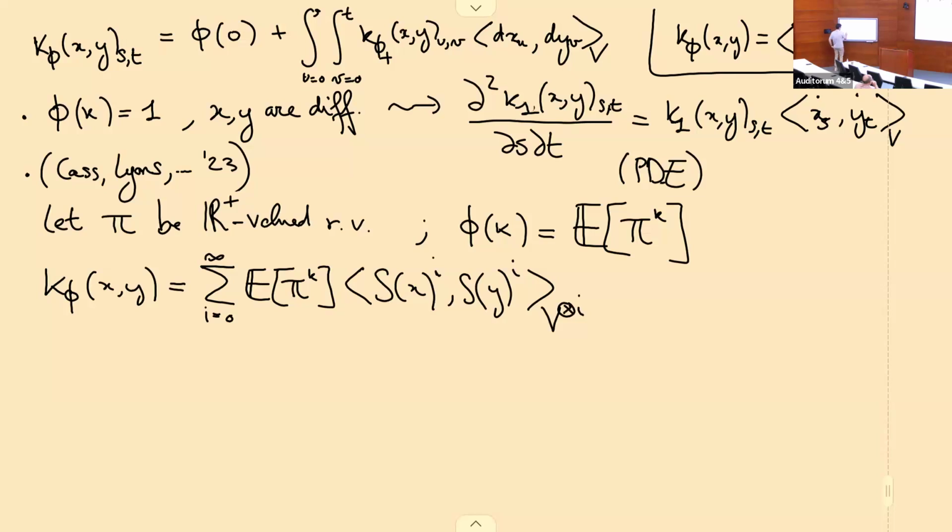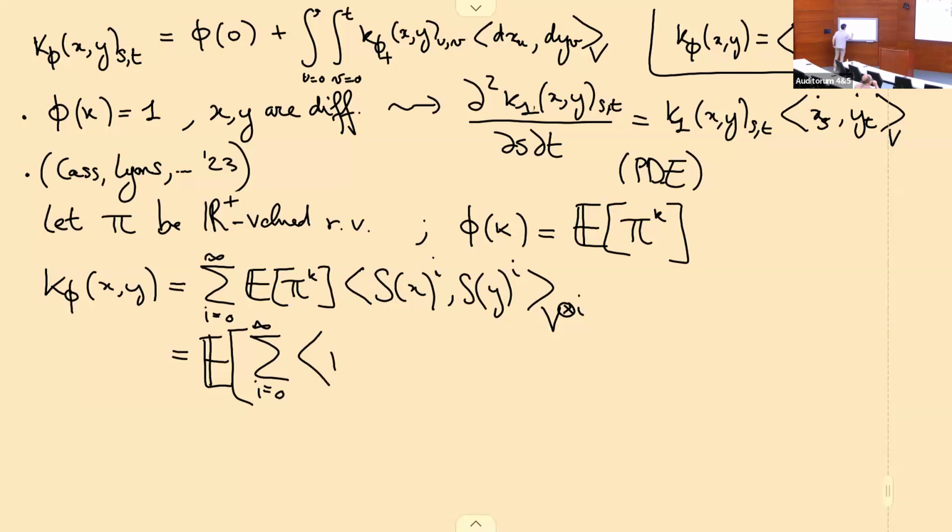Now, because once again the terms in the signature decay very fast, we can exchange expectation and sum by Fubini or dominated convergence. And so in the end, what we get is something of the form: the expectation over pi of the sum i equals 0 to infinity; let me put pi^i inside the first inner product.